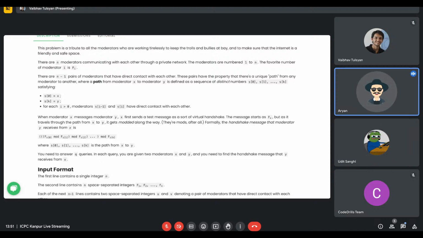One more insight we can use over here is that the queries are not forced to be done online, so we can also do it offline. For a path x to y, we can find the LCA, find the answer for x to L, and then find the answer from L to y.